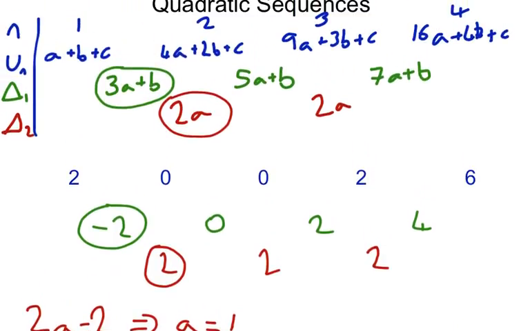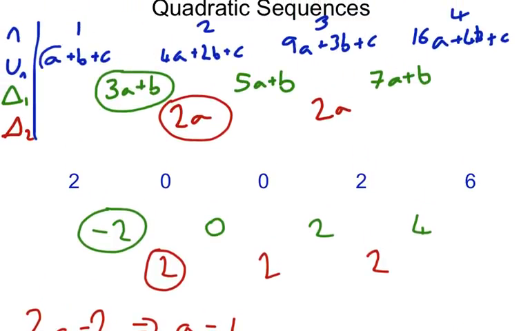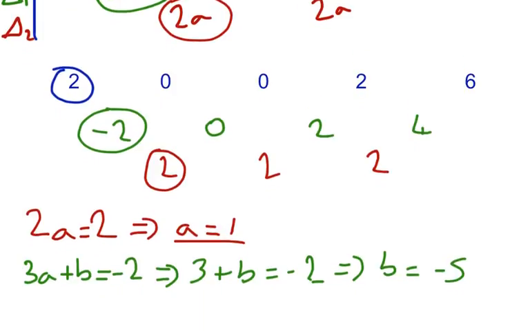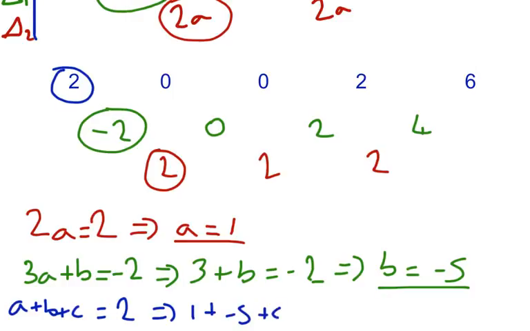Finally, we have to do the last step, a plus b plus c, and 2, we compare those. So we get a plus b plus c is equal to 2. But we know a is 1 and b is minus 5. So we get 1 plus minus 5 plus c is equal to 2.